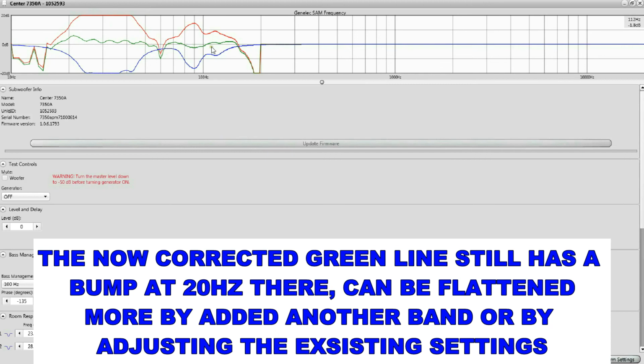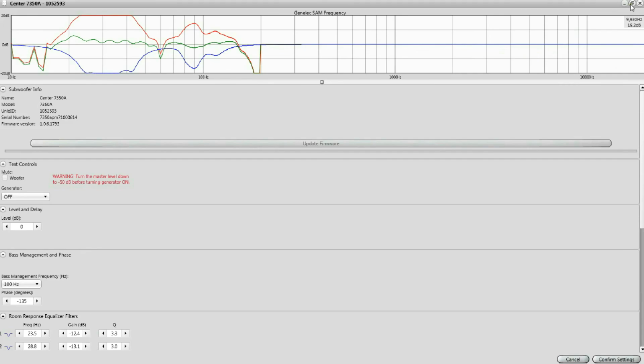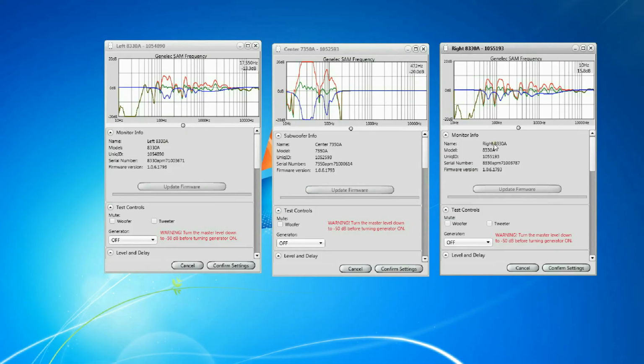Again, it's quite flat all the way up, just past 100. So the only real problem we've got here in the bass frequencies is this node, which is to do with the measured room.